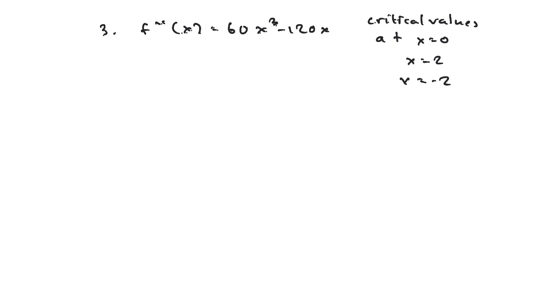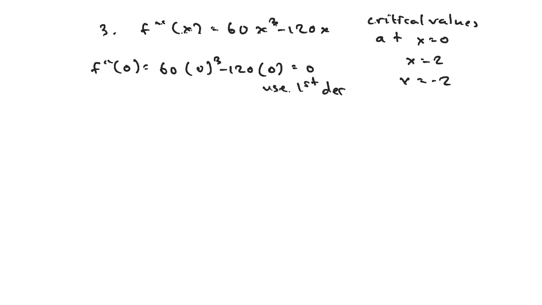We check each in the second derivative. f double prime of 0 is 60 times 0 cubed minus 120 times 0, which equals 0. In this case we can't use the second derivative test, so we're going to have to go back and use the first derivative test.